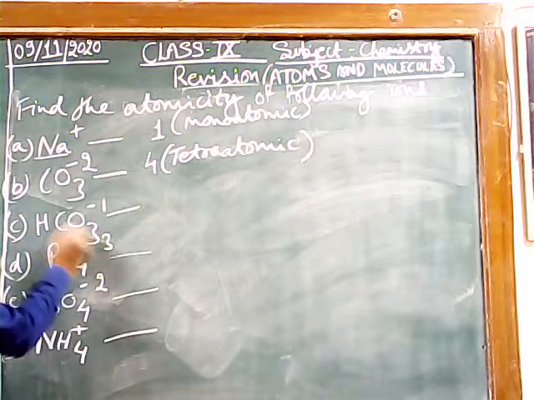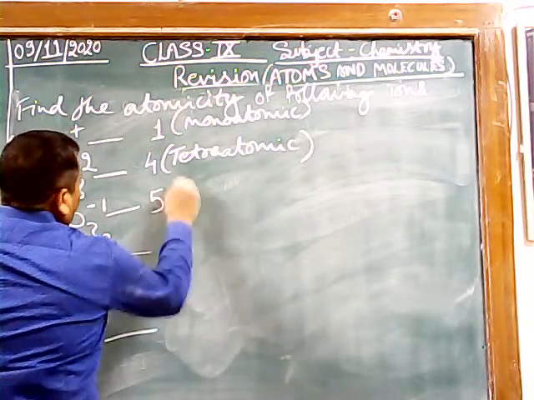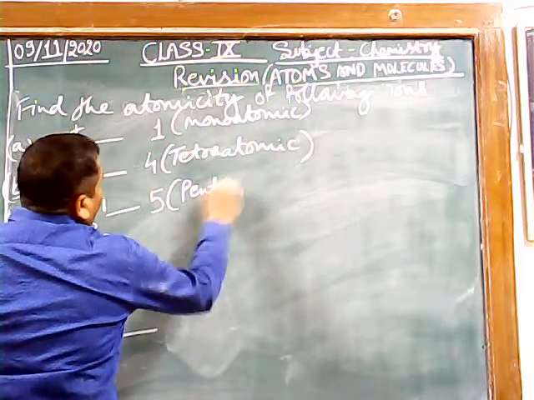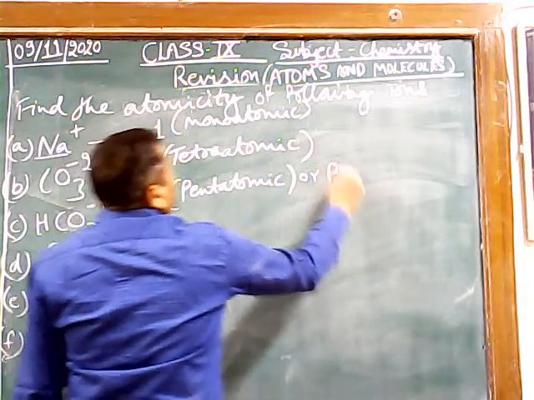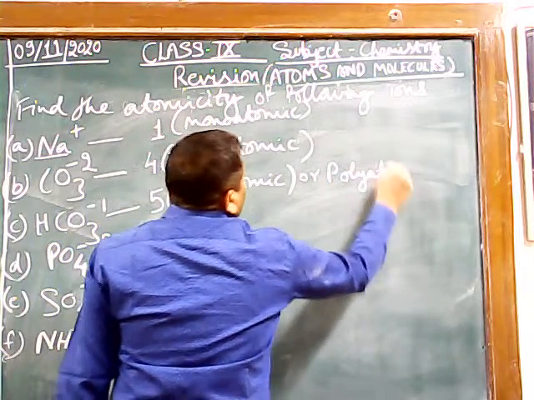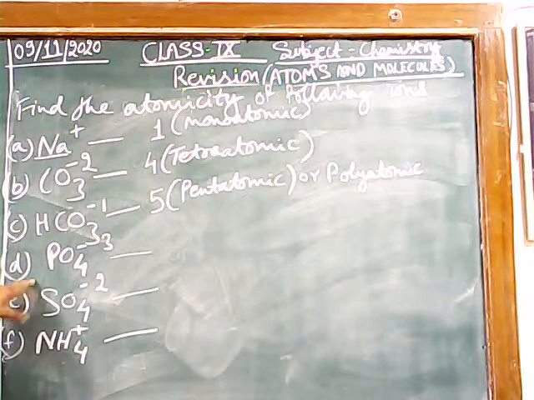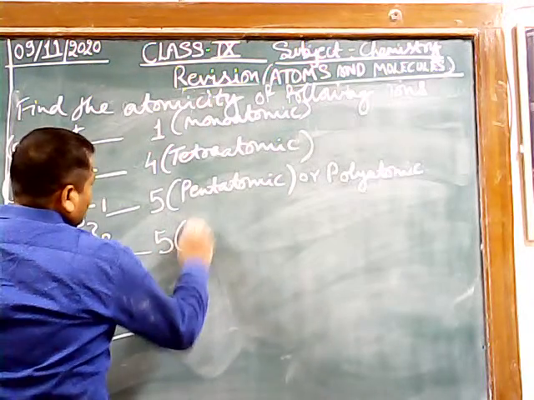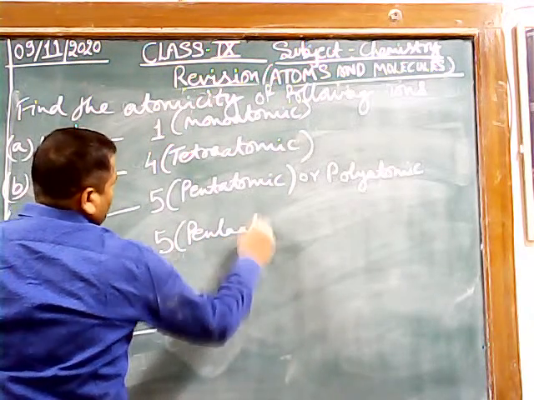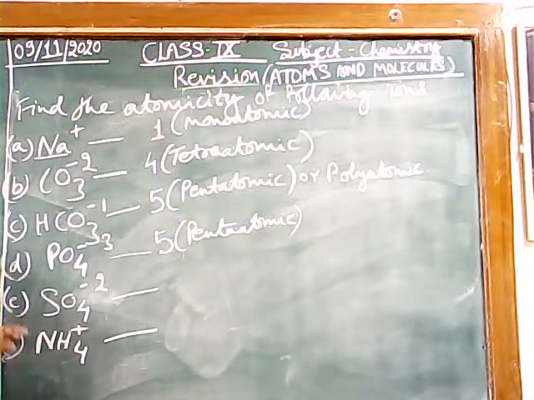Very good. Bicarbonate: 1, 2 plus 3, 5. This is pentaatomic or polyatomic. Phosphate ion. What is the name of this ion? Phosphate ion. What is the atomicity? 1 plus 4, 5. Again it is pentaatomic. Sulfate ion.